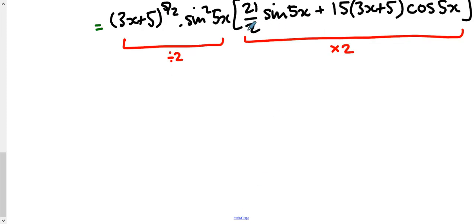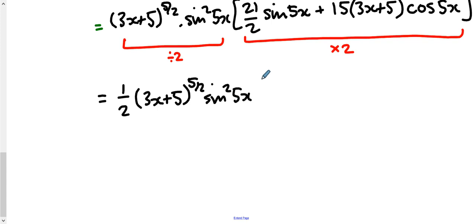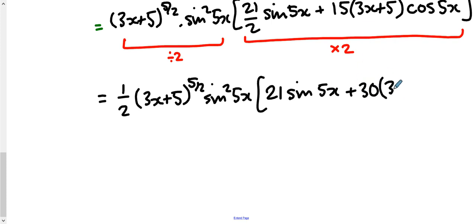What that'll do is have the effect of taking this fraction to the front. So instead of writing divide by 2 here, I'm going to multiply by a half. So here, I multiply that by 2 and I get 21. And then here I multiply that by 2 and I get 30.